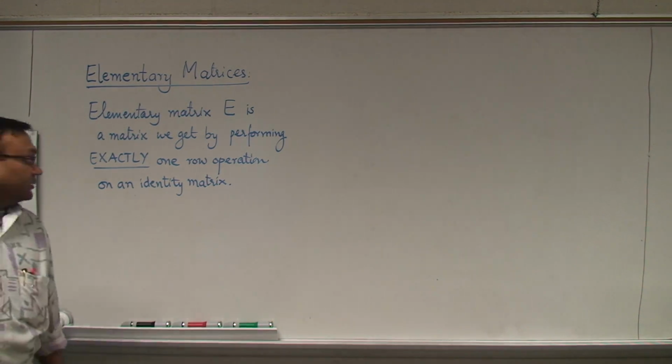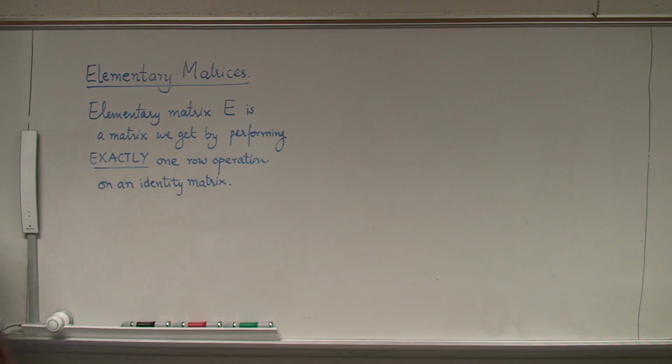So any matrix that I get by performing one row operation on an identity matrix, we will call an elementary matrix. So let's take an example in our case of 2 by 2.